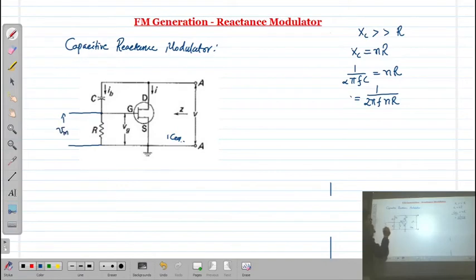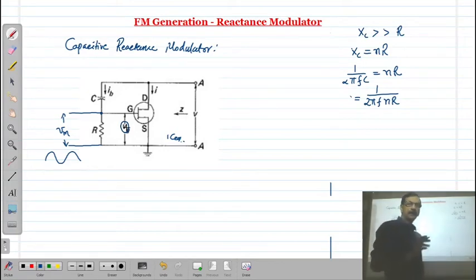That is my Vm. So modulating voltage is a kind of sinusoidal voltage. It goes on increasing, decreasing, increasing, decreasing like this. So ultimately, due to this modulating voltage, what will happen? Your gate voltage is changing, and the gate voltage will change the transconductance.